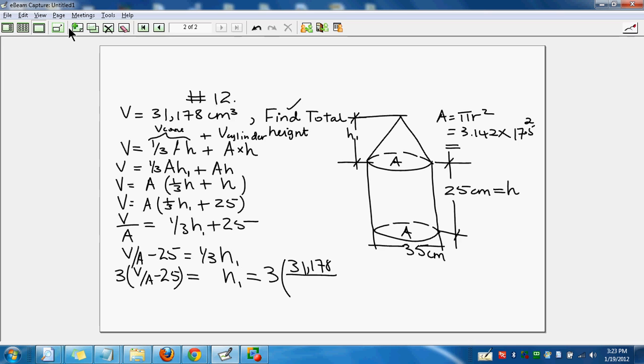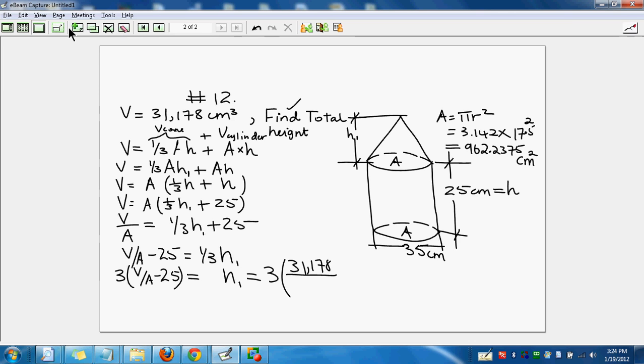So if you work out 3.142 by 17.5 squared, you get 962.2375, and that will be the area in centimeters squared.